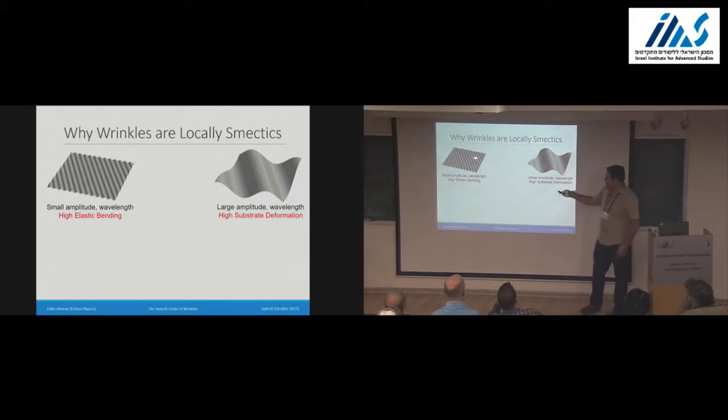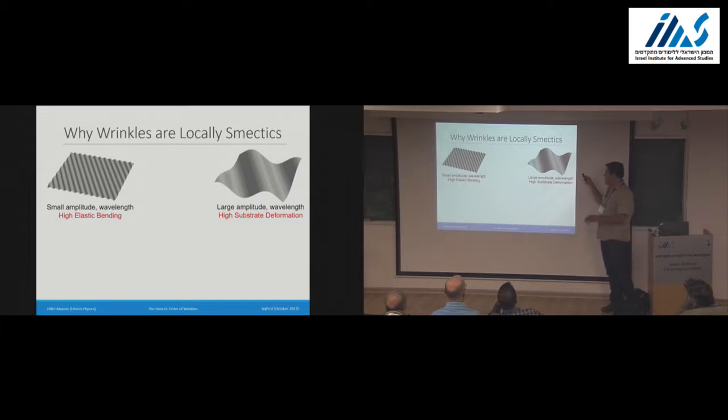It can do it in the form of very fine corrugations. Okay, so this sheet is actually, of course, longer than its projection. Now this doesn't deform the substrate much. Okay, it remains close to the plane. However, it costs a lot of elastic bending. Sheet is very bent. Okay, and this costs a lot of elastic energy.